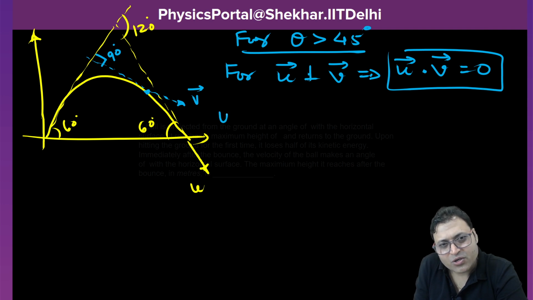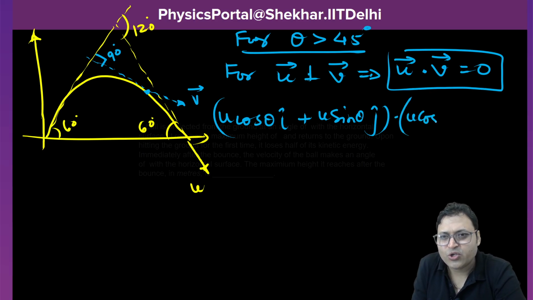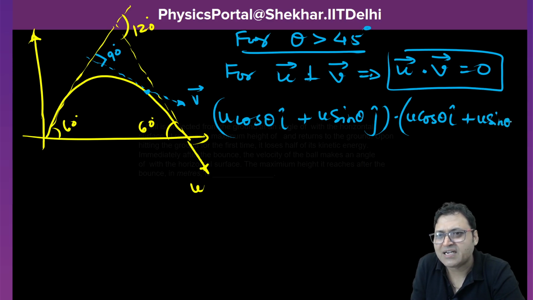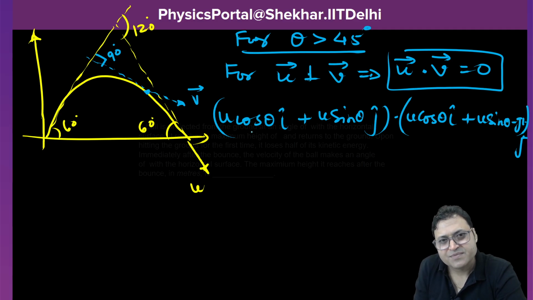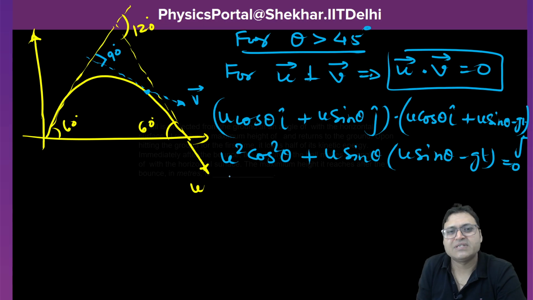That is u cos theta i cap plus u sin theta j cap, and the dot product with u cos theta i cap plus (u sin theta minus gt) j cap. So if we take the dot product, it will be u square cos square theta plus u sin theta into (u sin theta minus gt) is equal to 0.